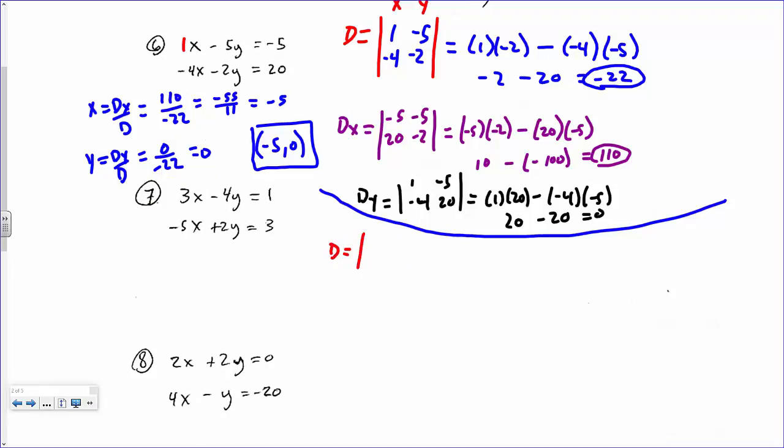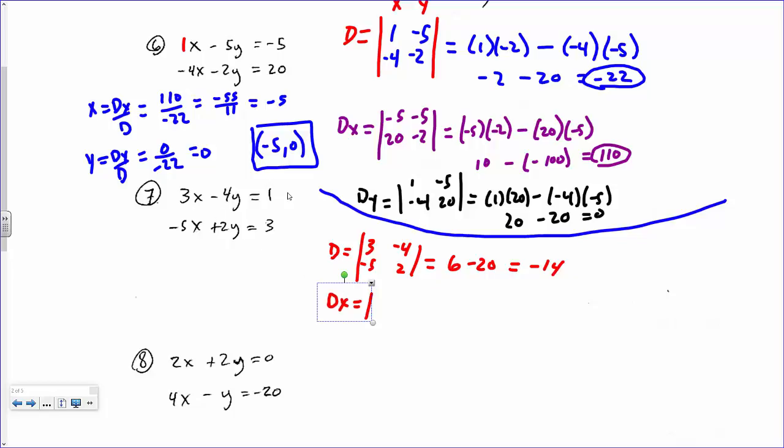Be careful. All right, so we got 3 and -5 and -4 and 2. Y's line up with Y's, X's with X's. So this is 3 times 2, which is 6, minus -5 times -4, which is 20. So this is -14. I'm going to go ahead and find dx.